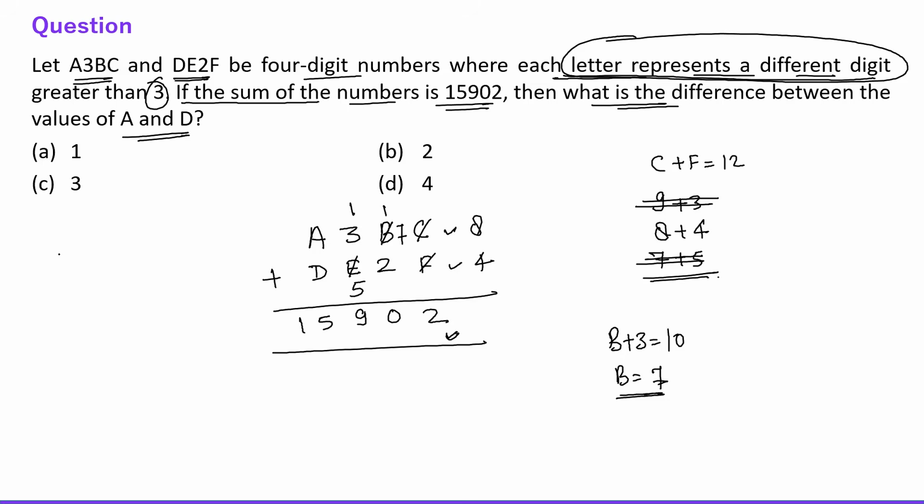It means A and D can be 9 and 6 or 6 and 9, because they can't be 8 or 7, as those are already assigned to other letters. So they must be 6 and 9. The question is asking for the difference between the values of A and D. The difference of 6 and 9 is 3. The answer is 3. Okay. Now let's move to the other question.